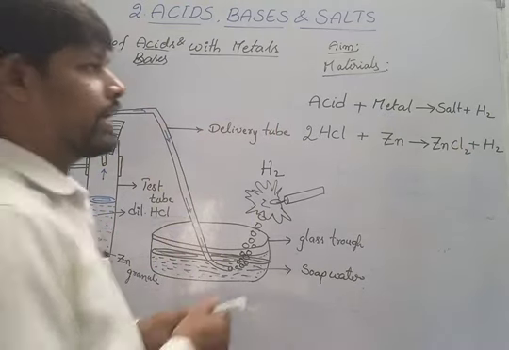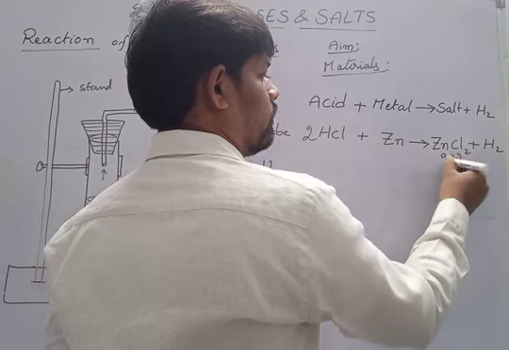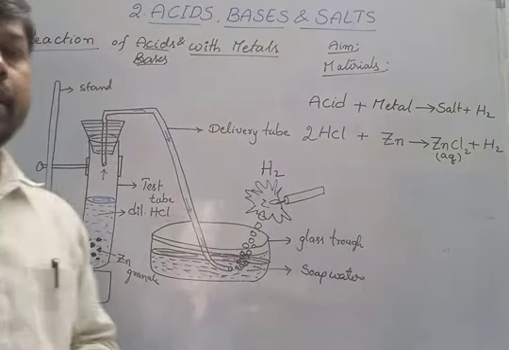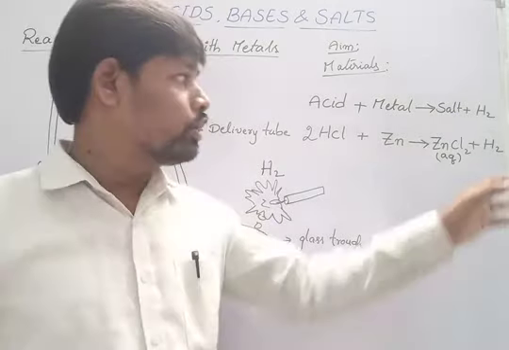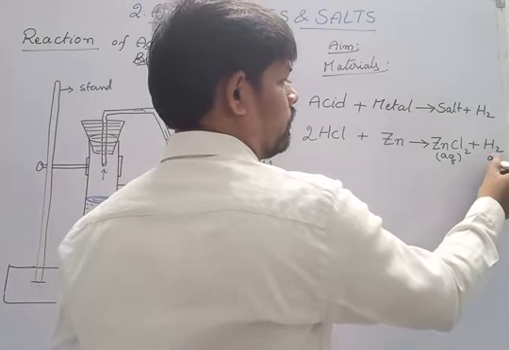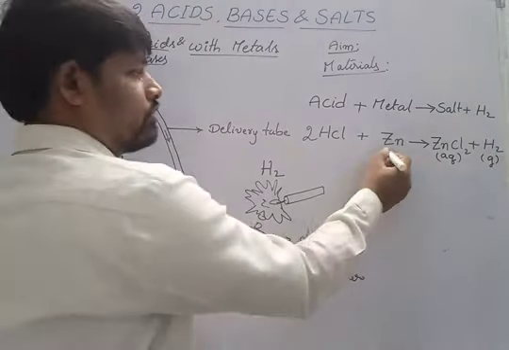Here ZnCl2 is mixed in the acid, so it is in the aqueous state. AQ means aqueous. What is the state of H2? Gaseous state. What is the state of Zn?